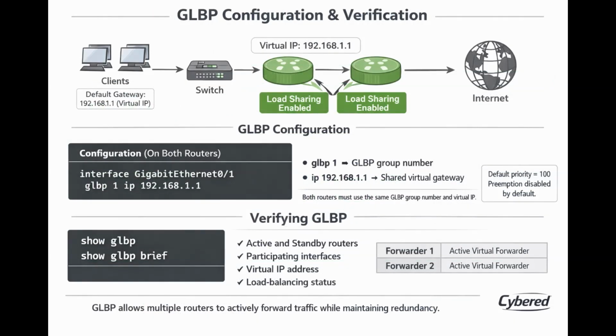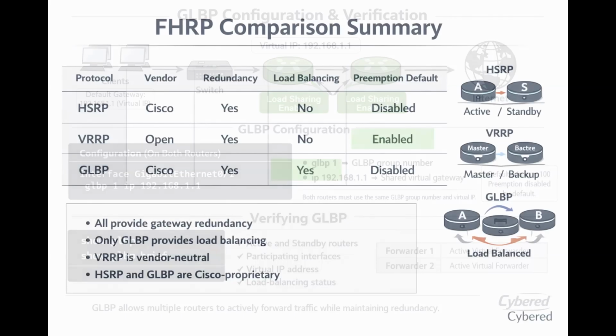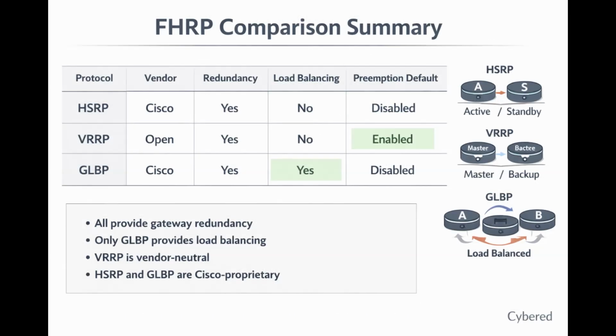Here's a GLBP configuration, and this is configured on both routers. Verifying GLBP with show glbp and show glbp brief. These commands confirm active and standby routers, participating interfaces, virtual IP address, and load balancing status. Here's an FHRP comparison summary.